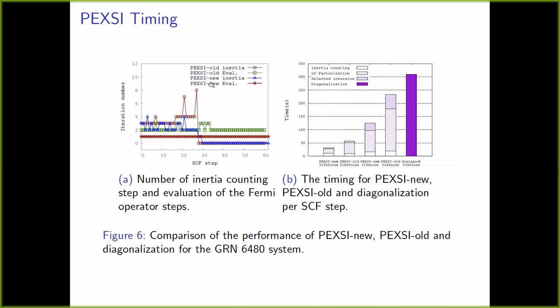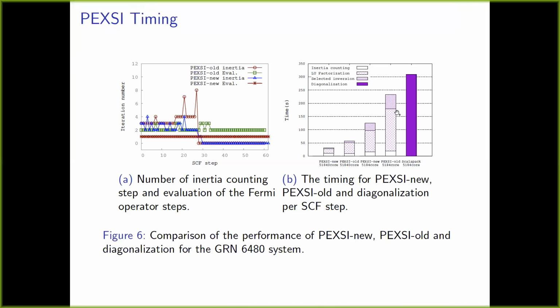And for the Fermi operator evaluation, we only need 1 Fermi operator evaluation along the SCF iterations. However, for the old PEXSI, we need 2 to 3 Fermi operator evaluations.